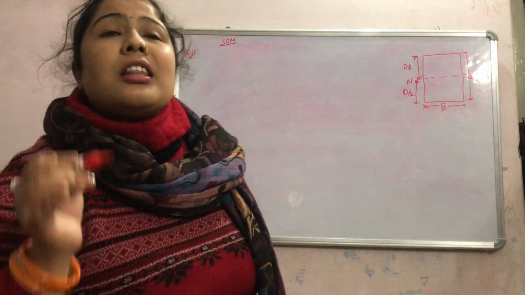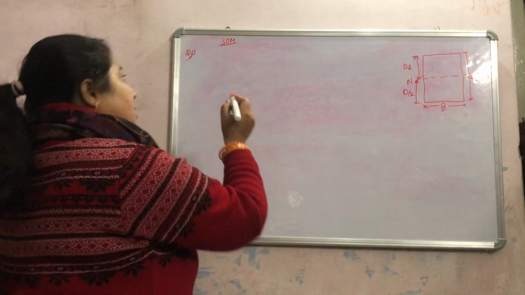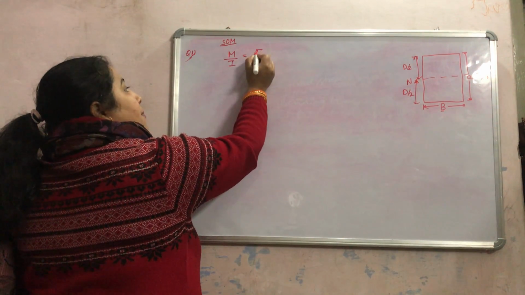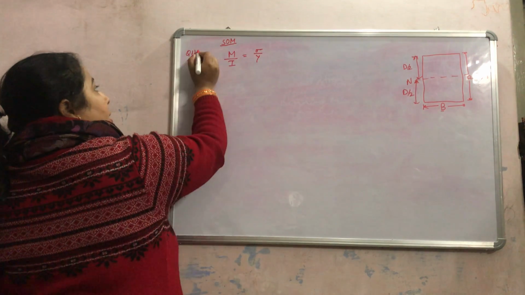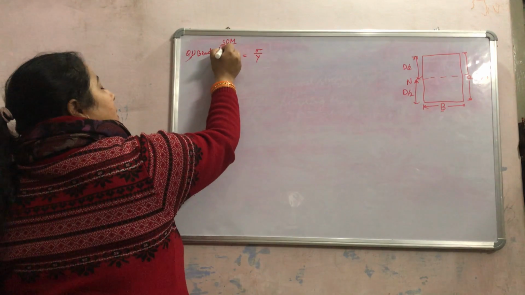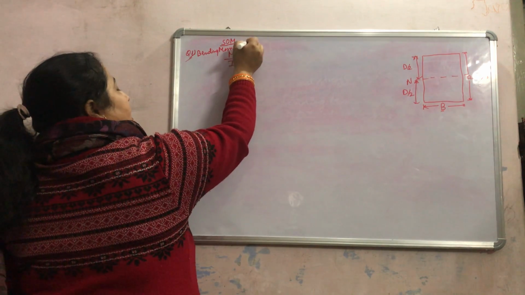Firstly, we take the bending moment equation. M upon I equal to sigma upon y. Bending moment equation.